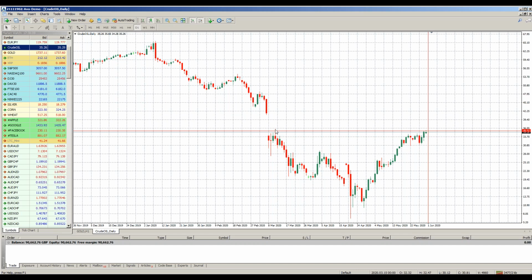This gap here was when oil first started its big crash. That was when OPEC said to Russia, oh yeah, you won't cut production, so we'll up our production, even during a time of an oil glut, a surplus of oil. That was back when this crash happened.